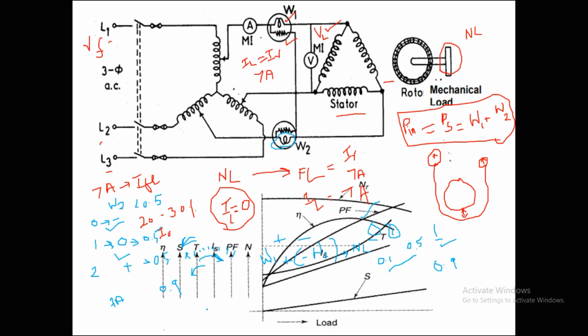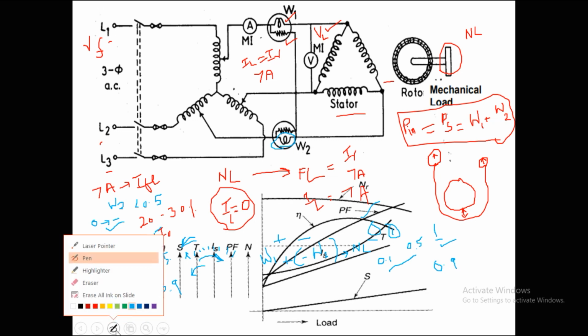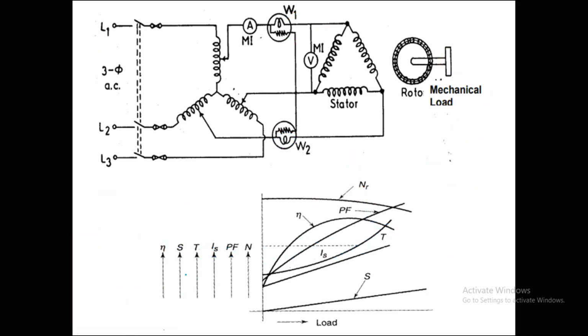So starting from slip, torque, mechanical power developed, power factor, rotor speed, and for measuring the rotor speed we have to go with a speedometer, that is a tacho generator, and efficiency, for everything we have a mathematical expression.